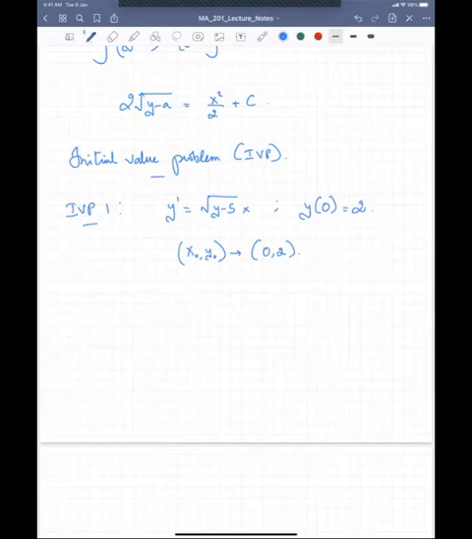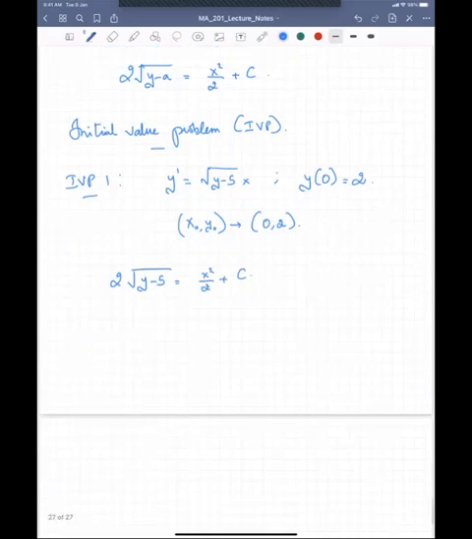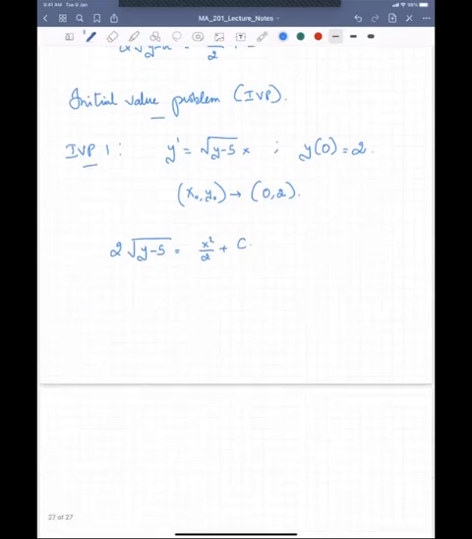So can we go ahead and finish this? Of course we can, because now I should simply write the solution: 2 times square root of y minus 5 equals x squared over 2 plus c. And then I will simply plug in this initial value. So at x equal to 0, let me actually make this slightly larger so I don't have imaginary numbers. So let us say y is 10.